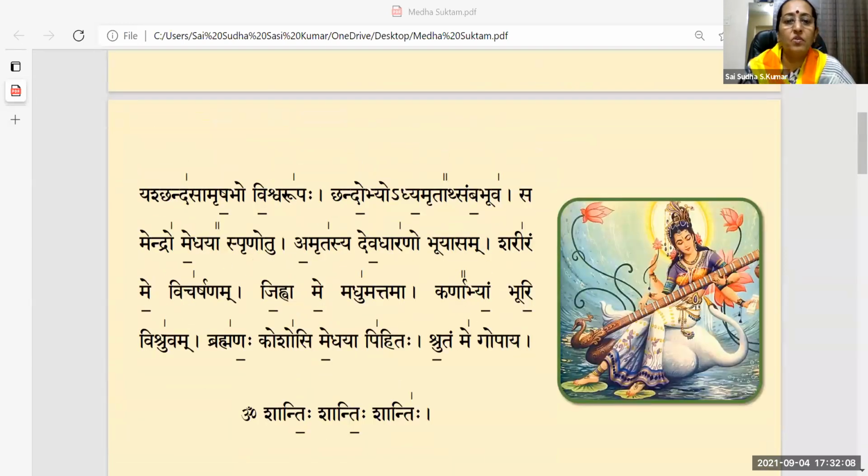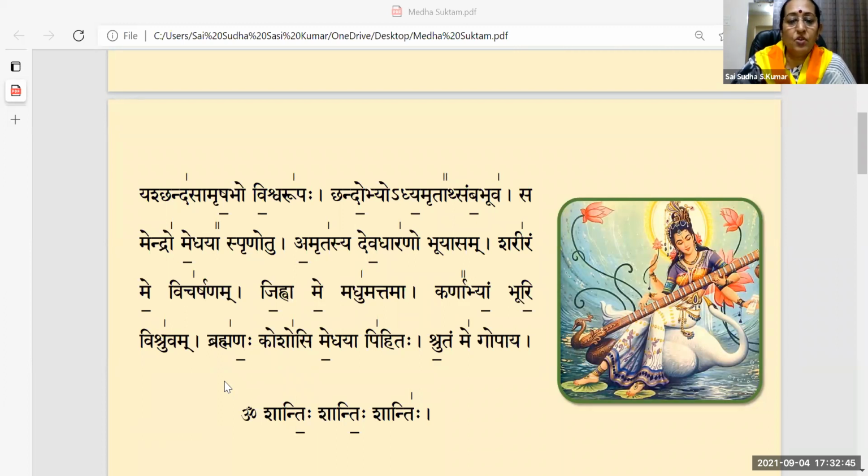Now we go line by line and see how to chant it in a correct manner. So first line is Yaschandasa Mrishabho Vishwarupaha. So here, Yaschandasa, ya, and after that half sha.